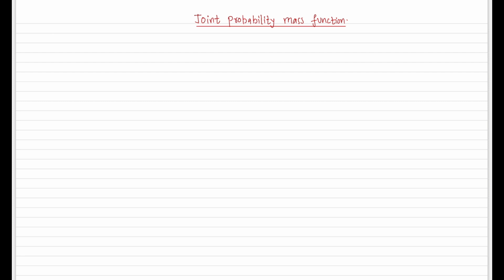Let's suppose the first random variable is X, and the second random variable is Y. And let's suppose we also have the associated probability mass functions. This PMF tells you about random variable X, and this PMF tells you about random variable Y. If you observe here, knowing these probability mass functions doesn't give you the information about how these two random variables are related, right?